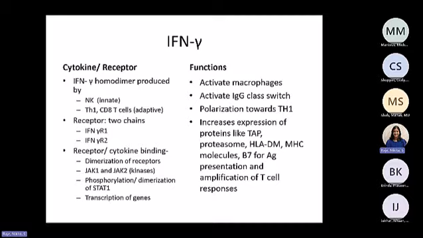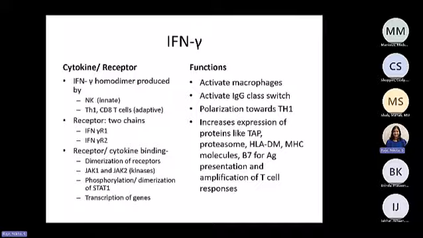STAT1 is our transcription factor that once it dimerizes, it goes to the nucleus and helps in transcription of genes that are important for the function of interferon gamma. We looked at this pathway last time, so I'm not going to go over that signaling pathway, but I want to focus on the functions of once that signaling goes through.